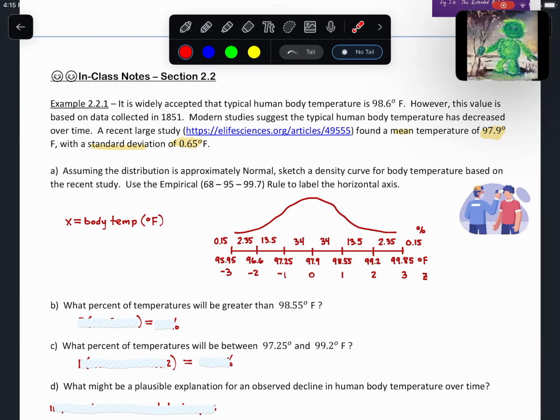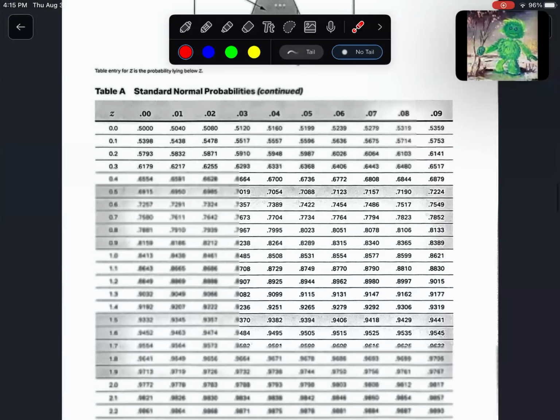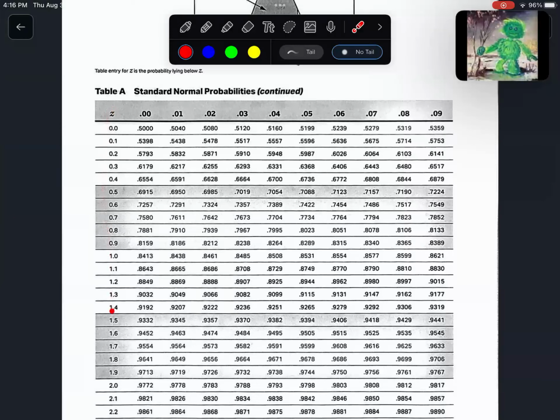But you could find that z-score and then find it in the table and go over. Just remember, these are areas below. If I wanted to find the percent of my data that is above a z-score of 1.01, I have to go with 1 minus whatever number I'm seeing here. Okay.